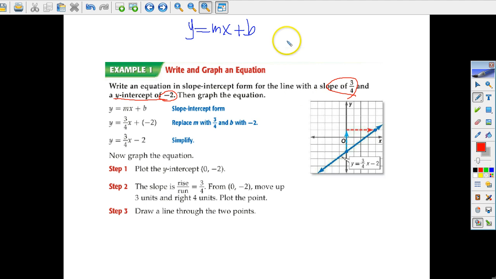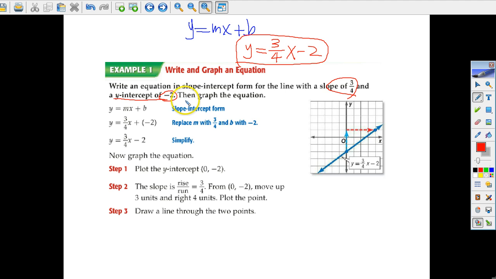So let's rewrite it. The equation is y equals, slope is 3/4, don't forget your x, plus negative 2, which is minus 2. So that's your equation in slope-intercept form. All I did was substitute the m and b with the slope and y-intercept.